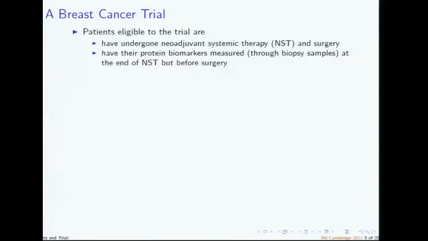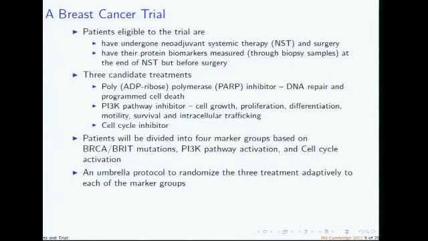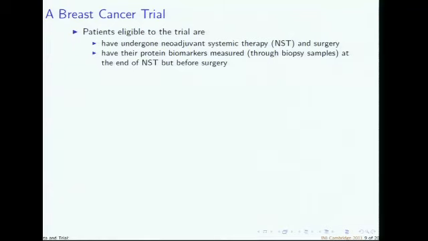So we actually have a trial that we're considering, this is a very special case. There's a PI at MD Anderson, and she's a breast cancer oncologist. She currently has patients that have been treated by neoadjuvant systemic therapy, NST, and surgery.